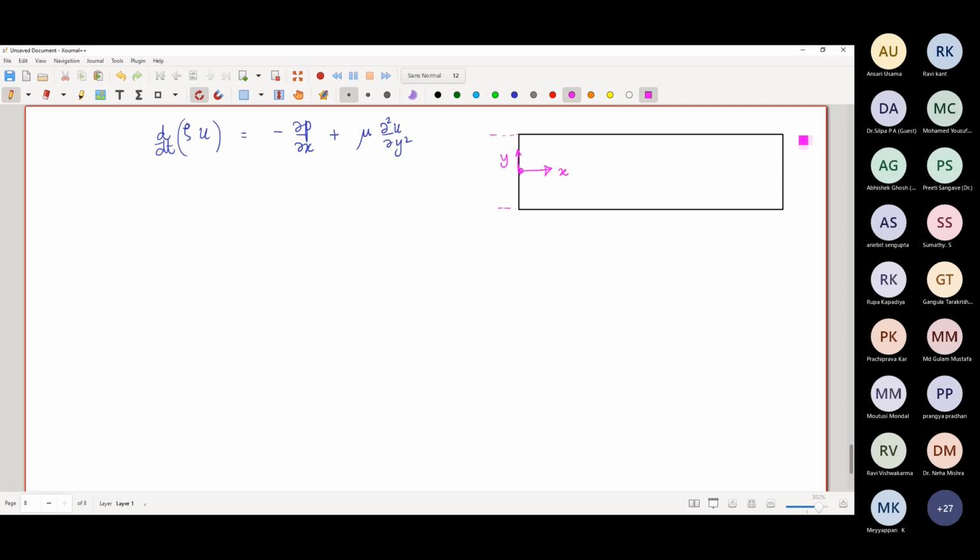So we are looking at a two-dimensional channel, meaning that the cavity into the plane is infinitely long. If this is capital H, or let's say it's 2h, then this surface becomes y equal to h, and this becomes y equal to minus h. So am I audible first of all? Yes, sir.